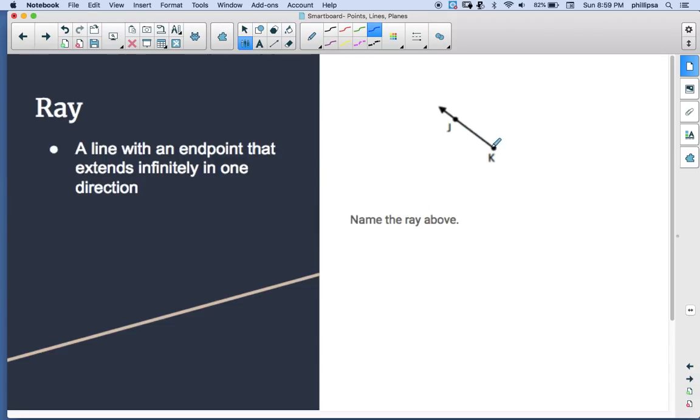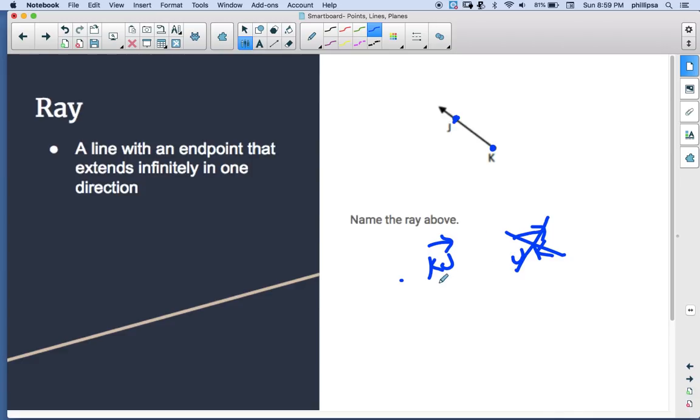Okay, a ray. A ray is kind of a combination, if you will, of a segment and a line. It has one endpoint, but it extends infinitely in one direction. Here I have endpoint K, and it extends through point J. So the name of the ray above would be KJ. However, it is not okay to call this JK.